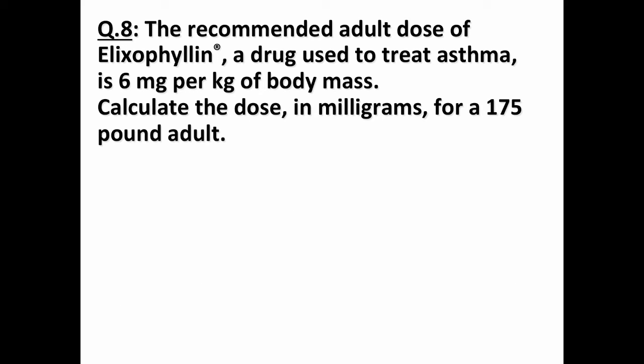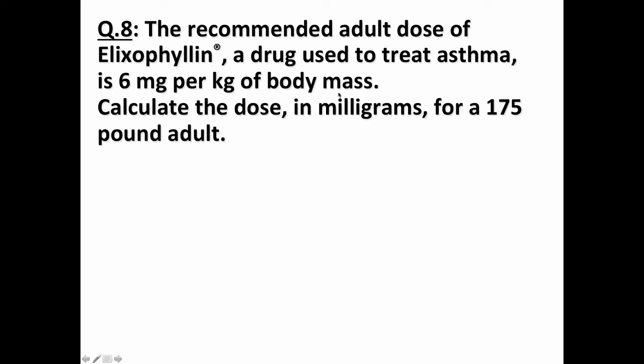Okay, so question 8. You can read the question, dealing with a drug used to treat asthma, and we need the dose for a particular situation. So how we do this is, note we have two values. We have a 175 pound person, so body mass of 175 pounds, and then we have another number, 6 milligrams of elixophyllin per kilogram of body mass.